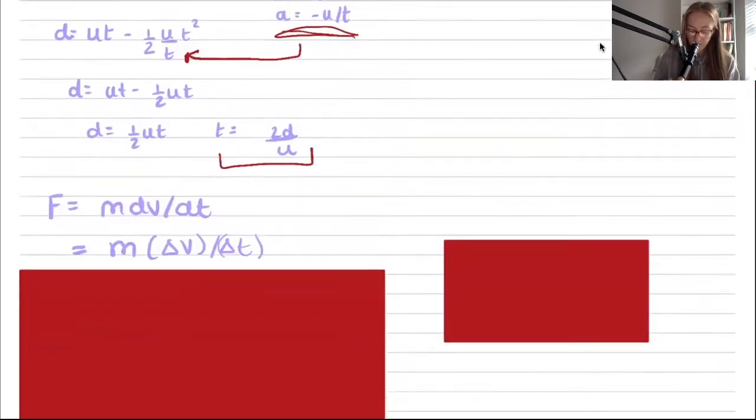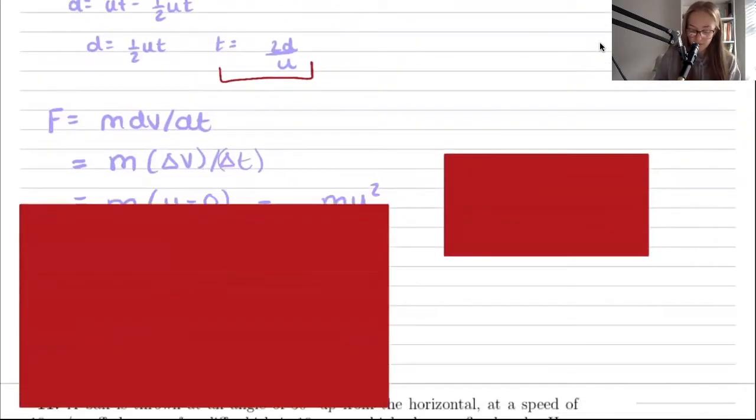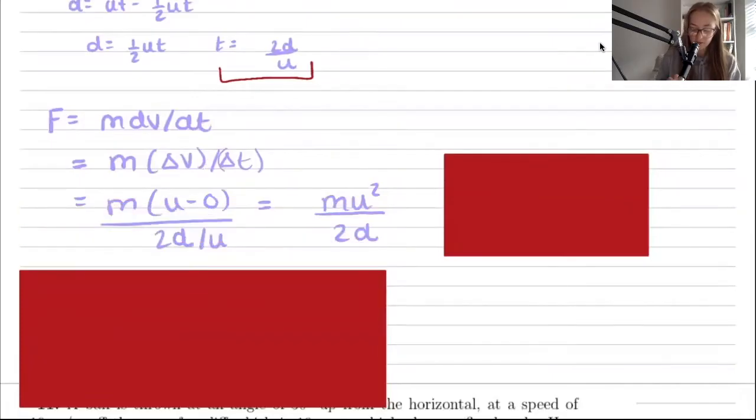And then we said earlier that our force is our rate of change of momentum. So it's our change in velocity over our change in time, all multiplied by our mass, because mass times change in velocity is change in momentum, and then change in time is change in time.